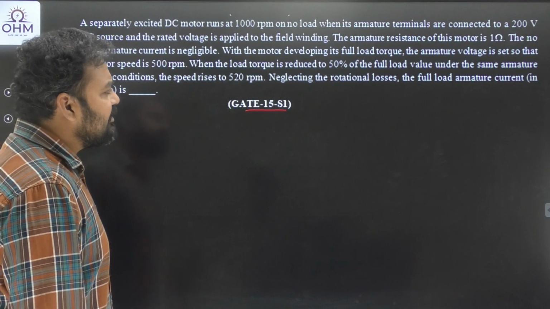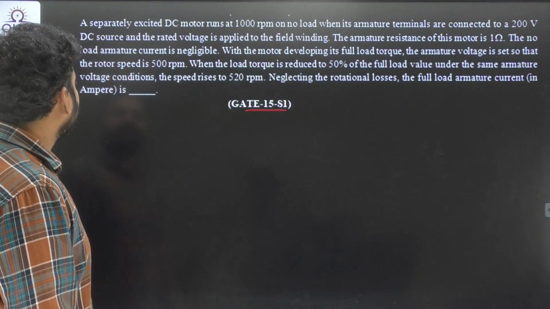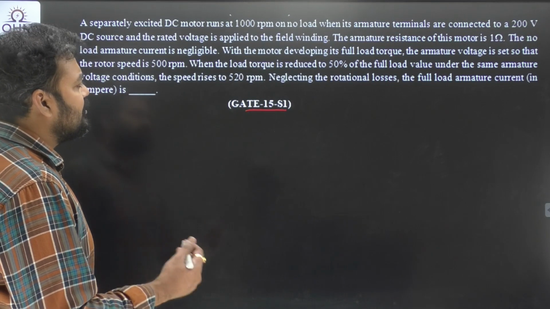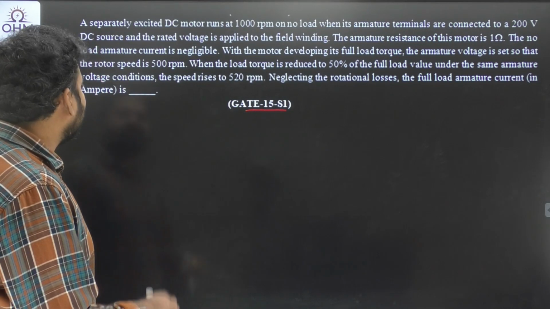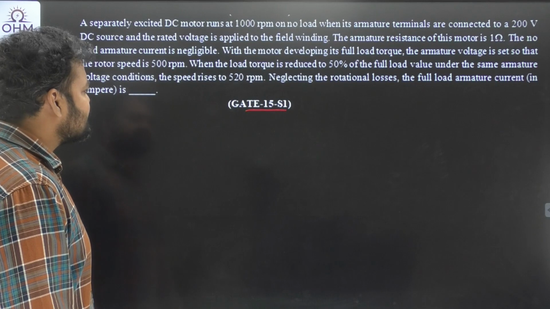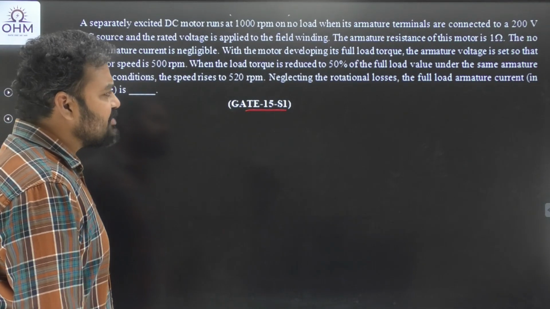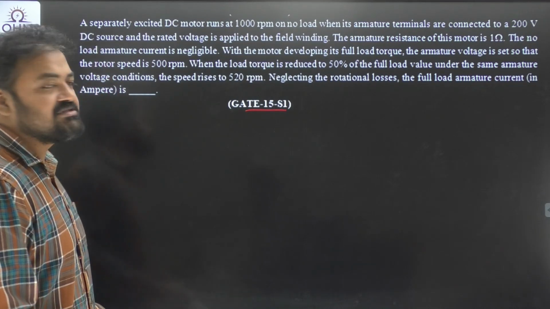With the motor developing its full load torque, the armature voltage is set so that the rotor speed is 500 RPM. When the load torque is reduced to 50% of full load value under the same armature voltage conditions, the speed rises to 520 RPM. Neglecting the rotational losses, what is the full load armature current in ampere is the question.